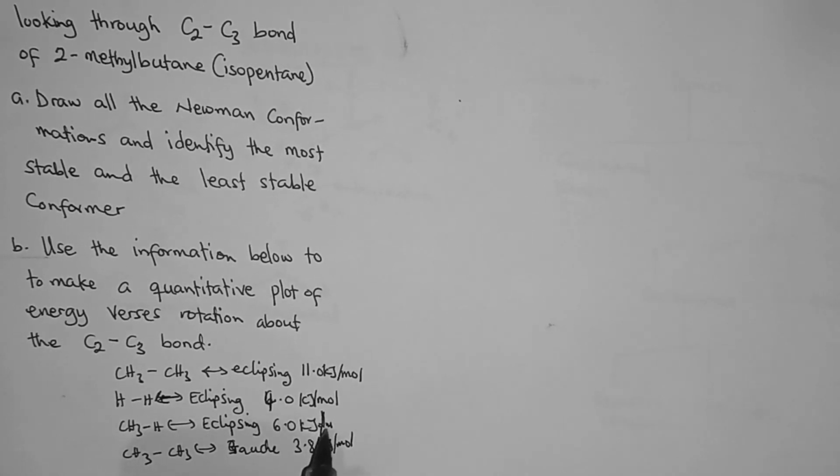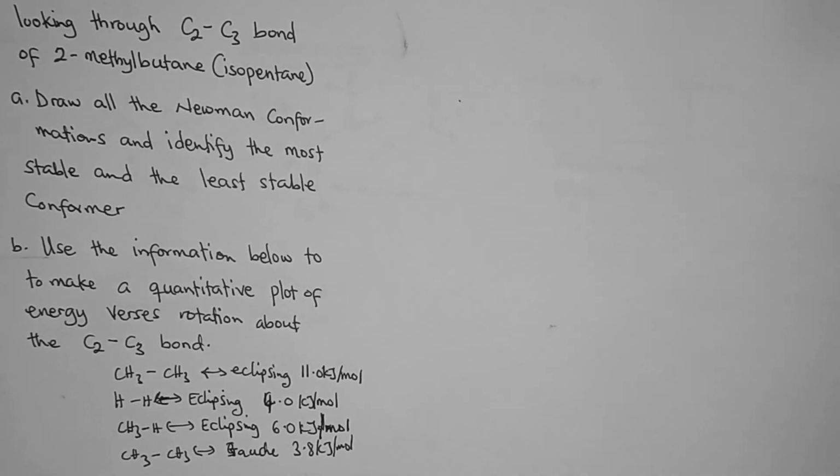Then HH eclipsing, a proton-proton, it is 4.0 kilojoules per mole. Then CH3H eclipsing is 6.0 kilojoules per mole. So it's kilojoules per mole here. And then CH3 gauche is 3.8 kilojoules per mole.